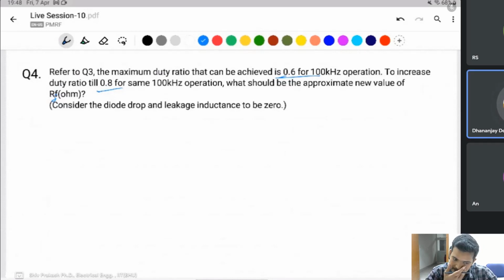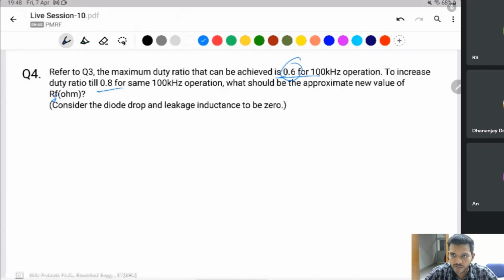Here we need to calculate VCQ, the maximum voltage that the switch can sustain. Should we take minimum D or maximum D? This one is minimum D at 0.6 only.